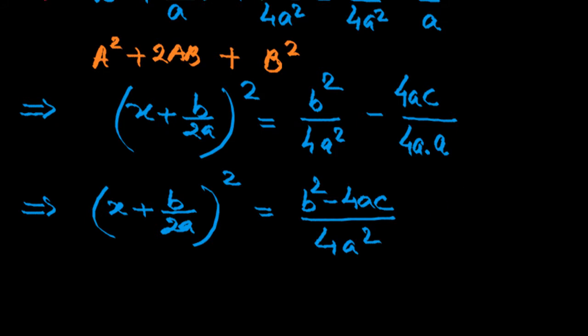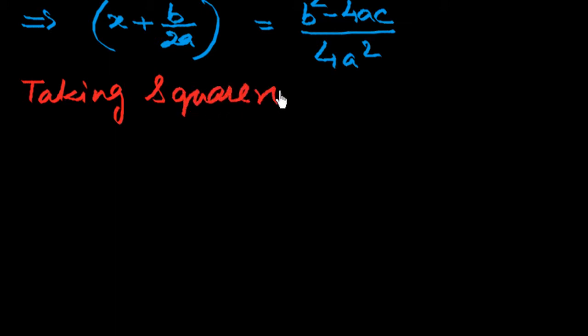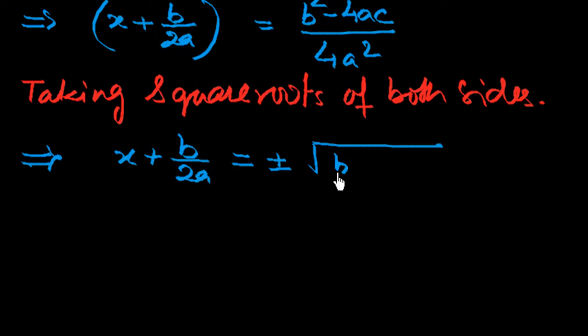Now take the square root of both sides. So now we see what happens. x plus b over 2a is equal to plus minus root b square minus 4ac, and we find the square root of 4a square is 2a.